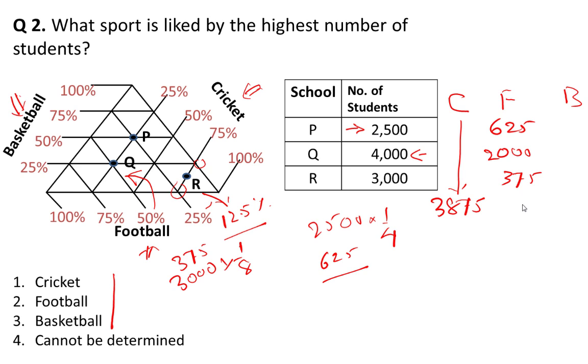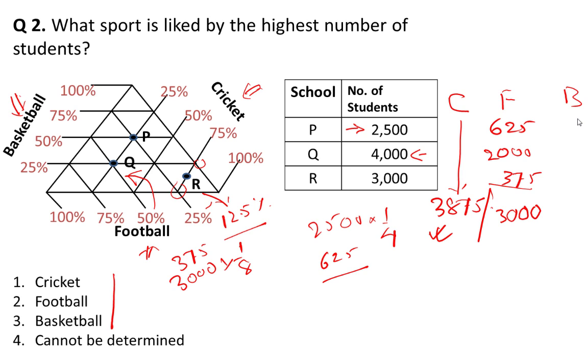When I add this number, I can clearly see this sum will be smaller than this number, so you don't need to add. But still, if you want to add and compare the figure, you can do that. 5 plus 5 is 10 carry 1, then 2 plus 1 is 3 plus 7 is 10 carry 1, and 2 and 1 is 3. So it is 3,000. Between cricket and football, I can see that cricket is highest.